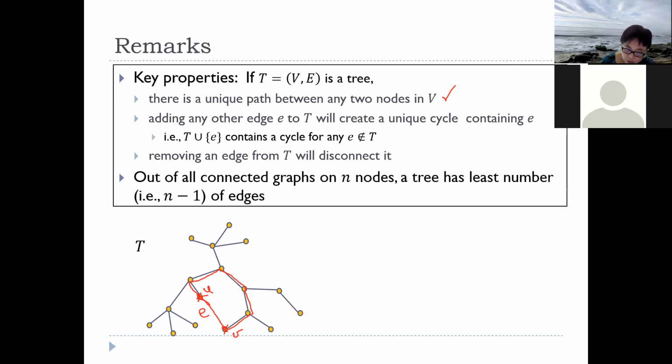Adding this edge closes that loop, so I get a cycle. So adding any edge E to the tree will create a unique cycle containing E.